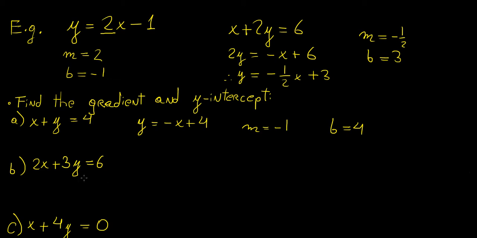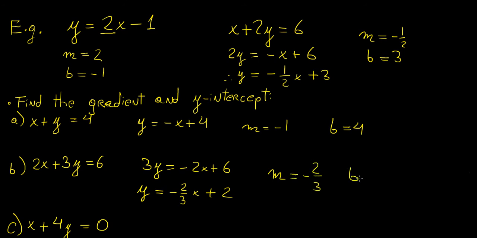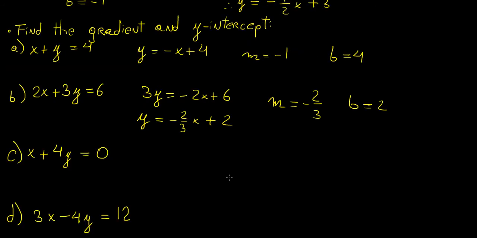For this one, we can rearrange again. Let's start with 3y equals minus 2x plus 6. Now we divide both sides by 3, so y is equal to minus 2 over 3 x, plus 6 divided by 3, which is 2. So the gradient is minus 2 divided by 3, and the y-intercept is 2.